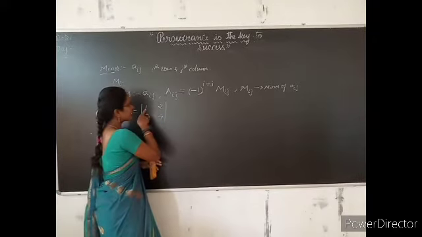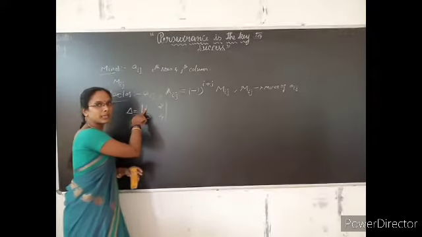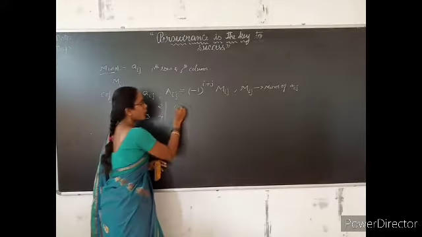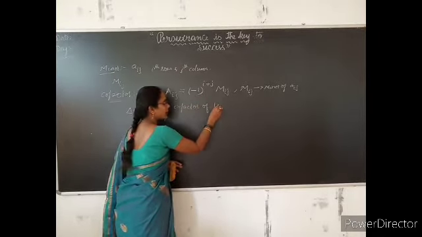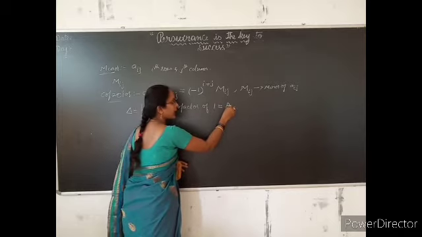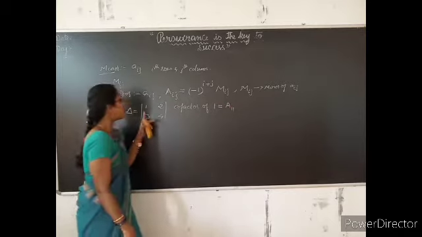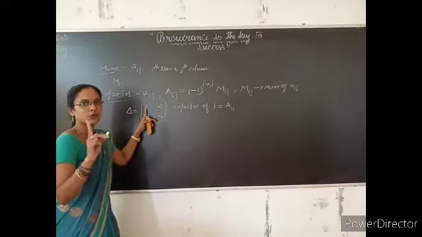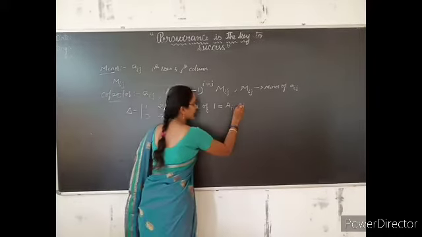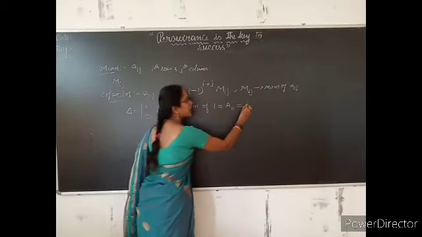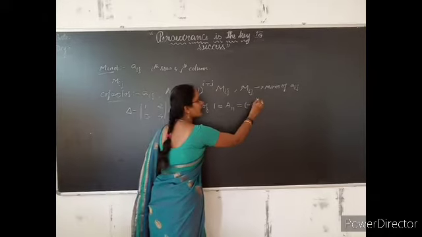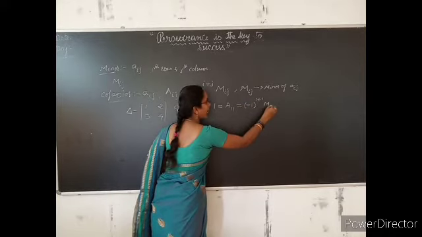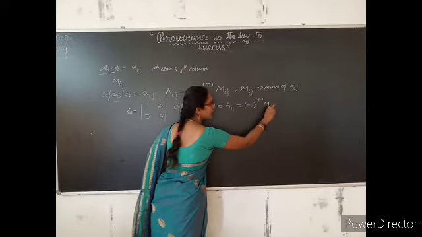I'll find the cofactor of the element 1. The cofactor of 1 is denoted by capital A11, because 1 lies in the first row, first column. By the definition, it is minus 1 to the power 1 plus 1, since i is 1, j is 1, into M11.